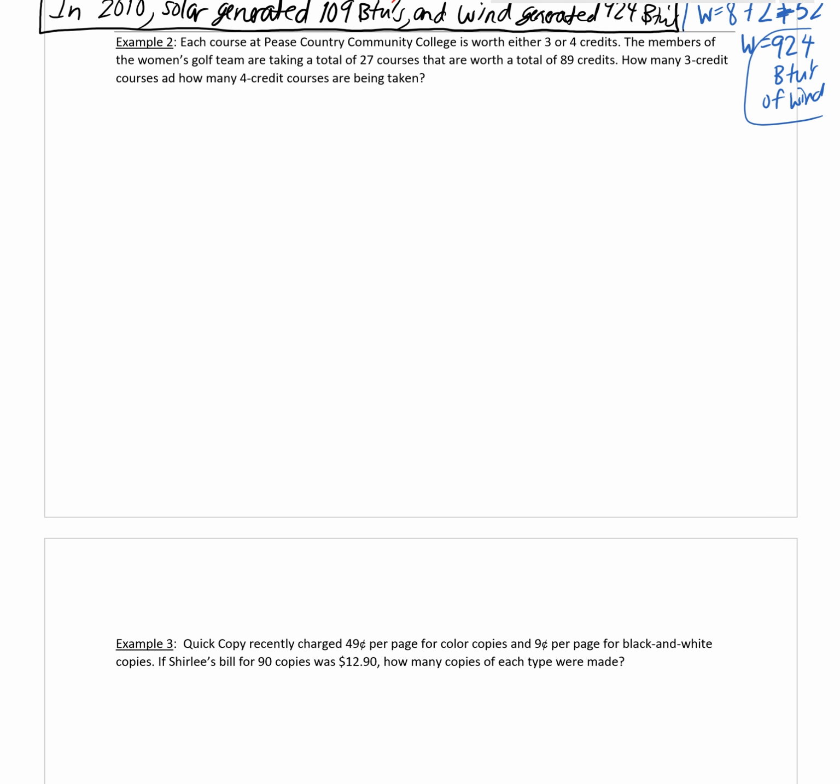Not yet anyway. But I'm trying to figure out what I should let my variables be. Well, what they asked for is how many 3-credit courses. So something is equal to the number of 3-credit courses. And then they also want how many 4-credit courses. So it's the number of 4-credit courses.